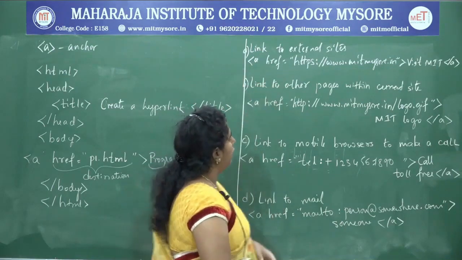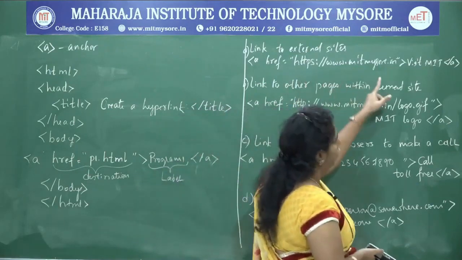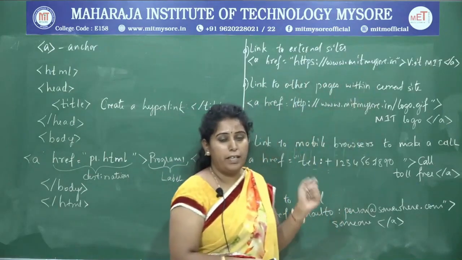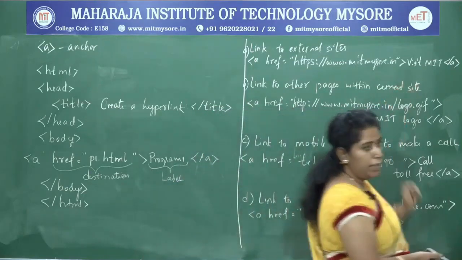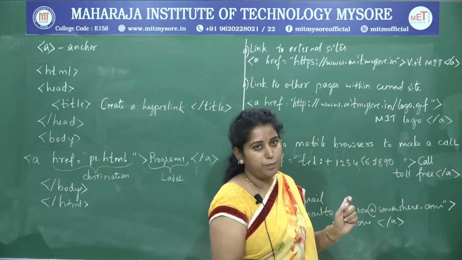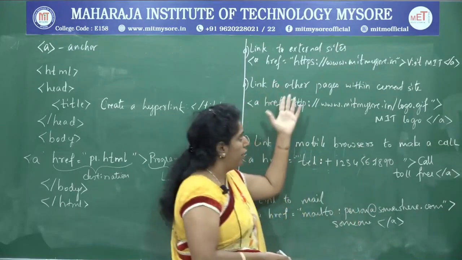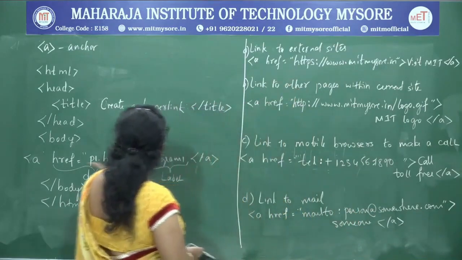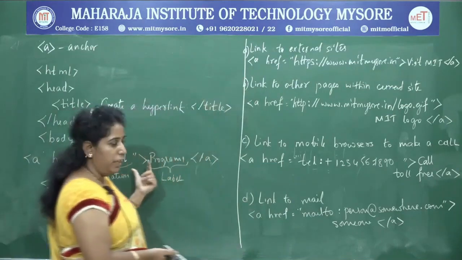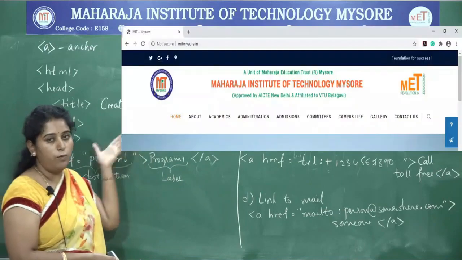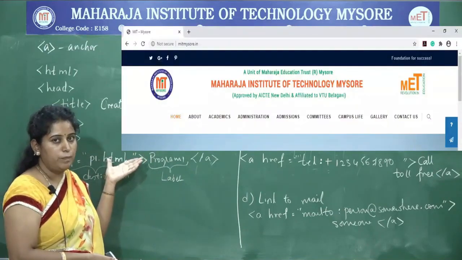What is the external site I am providing? I am going to visit www.mitmysore.in web page. So there I have given a label name called visit MIT. So if I place this statement here instead of this statement, you can notice how the output is working.